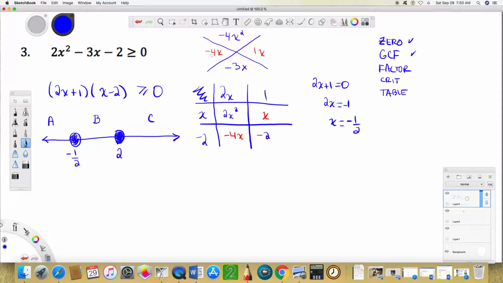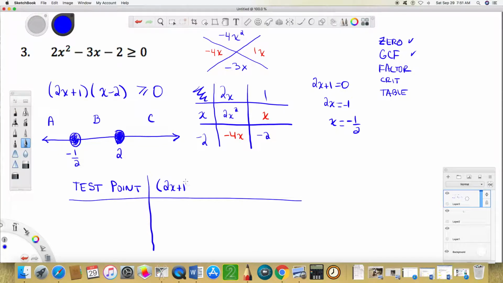All right, so let's proceed in a table, and it's just an organized way for us to find our solution set. I'm going to give titles to my columns in my table: a test point, then I'm just going to write the inequality, and I'm going to use it in factored form.